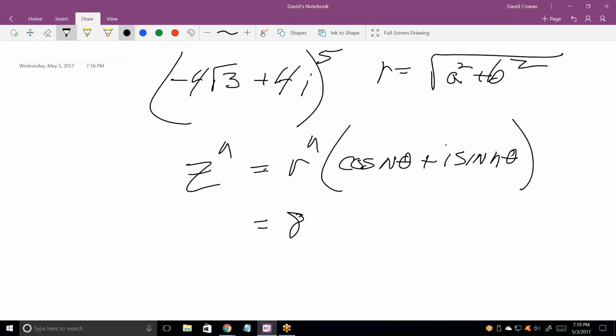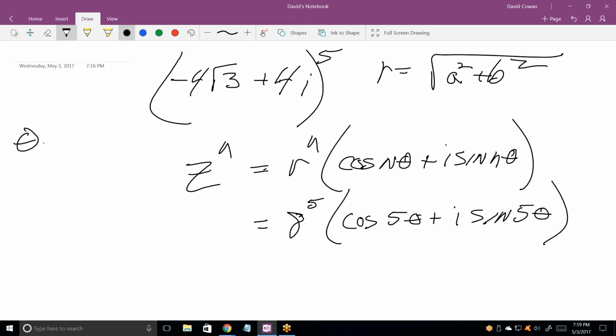So if I want to know what this is, it's 8 to the 5th power, that's what n is, times the cosine of 5 times theta, which we haven't figured out yet, but we will in a second, plus i sine of 5 times theta. Let's figure out theta. What's theta?